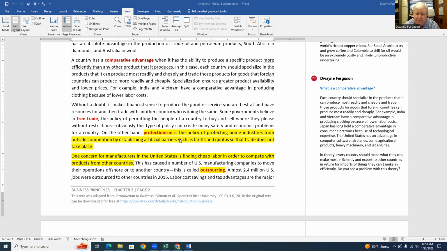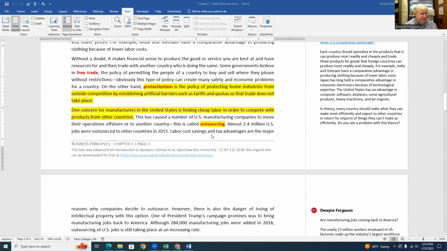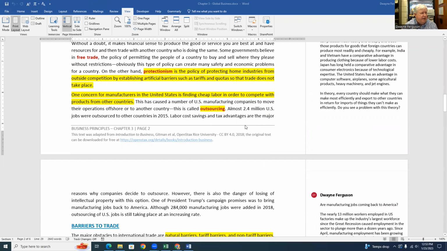But at the same time, you want to be able to reap the benefits of maybe a cost benefit of trading with a country that can produce it at a lower cost. So a lot of companies have gone to outsourcing where they have goods made in a country that has lower labor costs, in Mexico, for example, or maybe an Asian country, and then brought back into the United States.